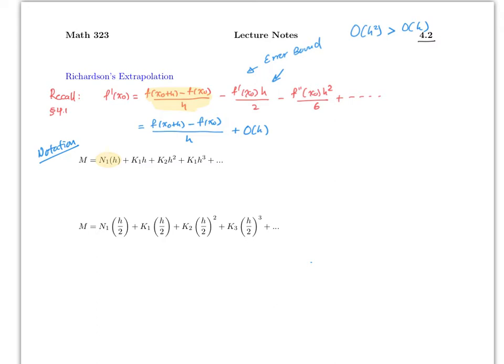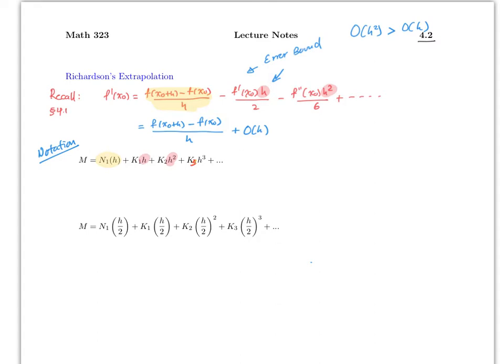If we use the midpoint formula, that will be M1. And then here K1 through Kn, it should be K3, are just constants, and this h relates to this h, h squared relates to that one, and so forth. So this is the generic way to write the notation.